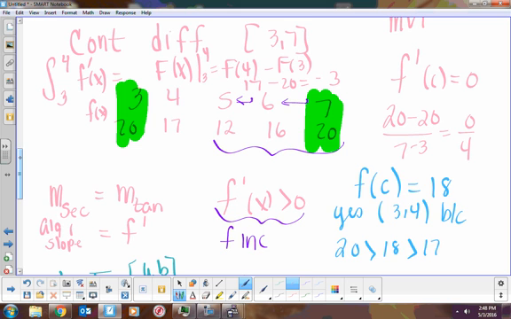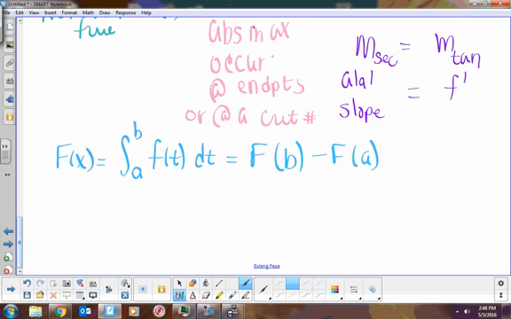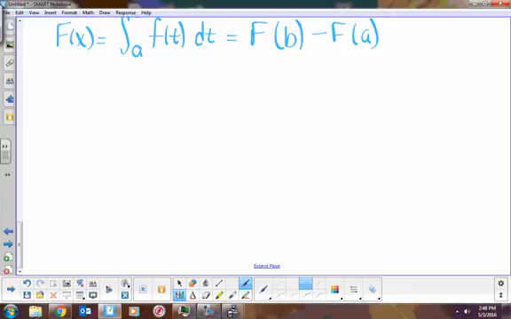All right, then I think the other one had to do with the derivative of F of x. Let's do the integral.